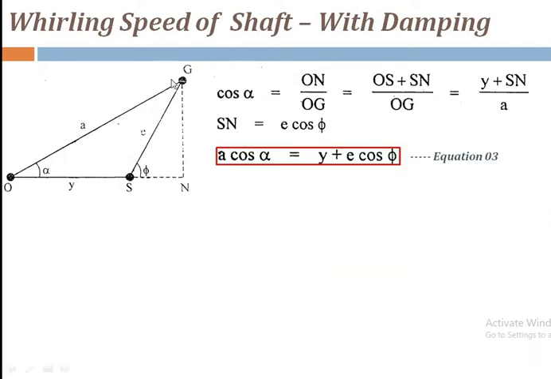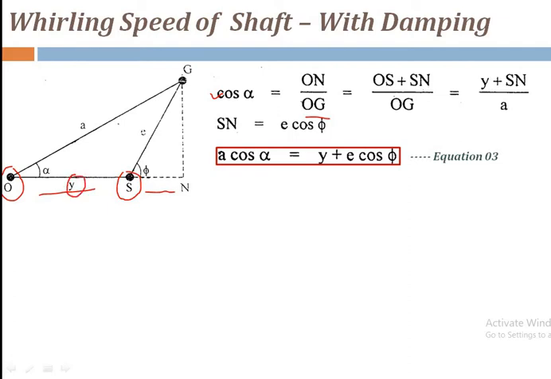Let's consider triangle GON and cos alpha equal to ON by OG. ON is equal to OS plus SN. OS is nothing but the distance between the bearing axis and geometrical center of the rotor, that is y.